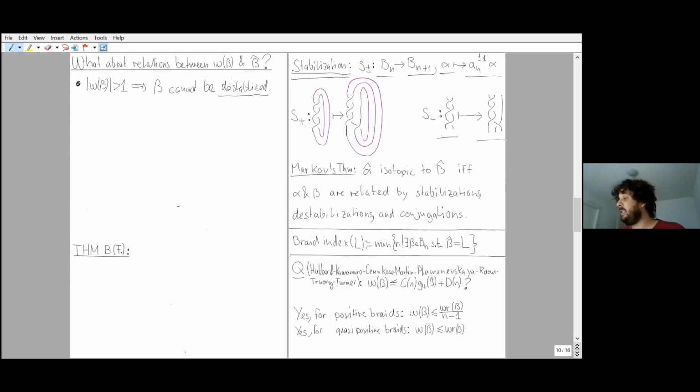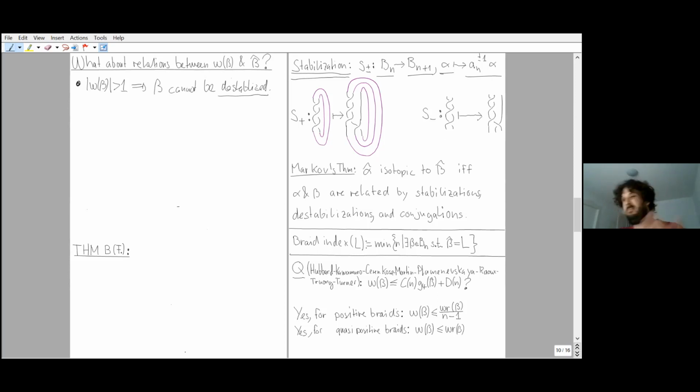And the point is, this is interesting because if you do a stabilization, the closure that you get is an isotopic link. So if you look at this actual knot, you can isotope it back to the trefoil with one Reidemeister one move.